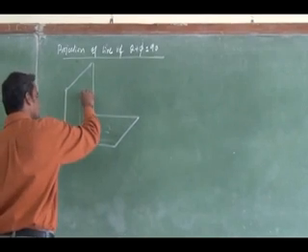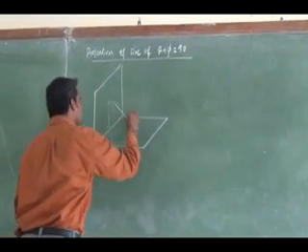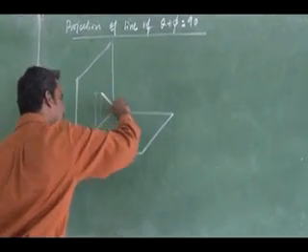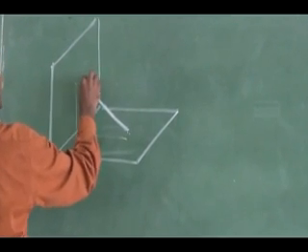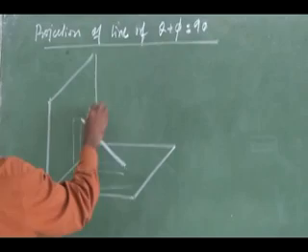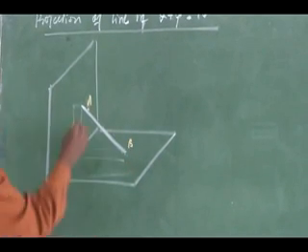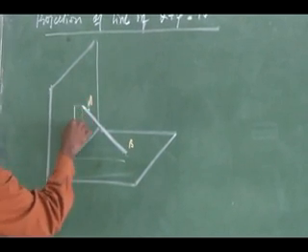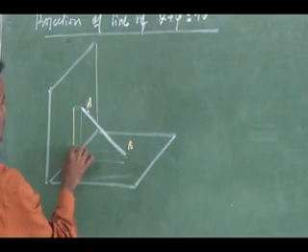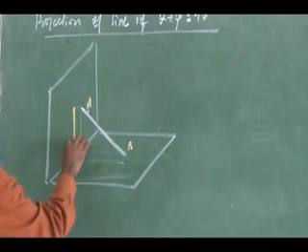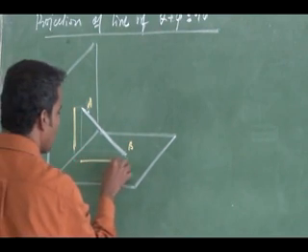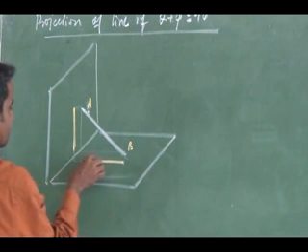This is the case. I have a line, say this is the line, A over B. So the projection will fall here. This will be my front view and this will be my top view.